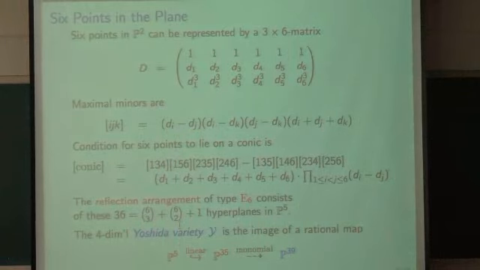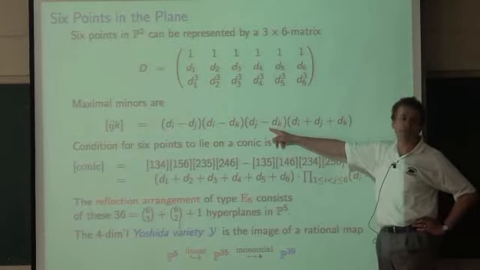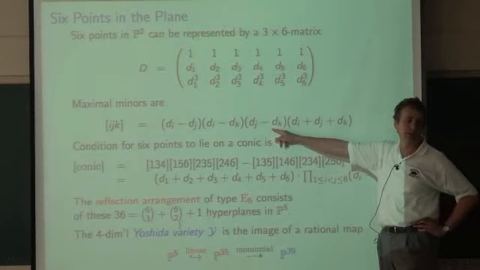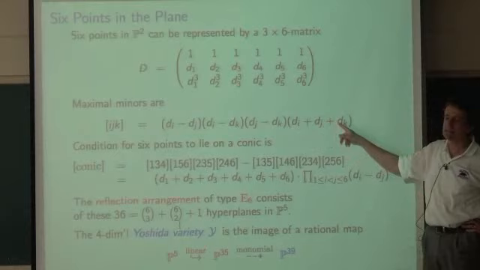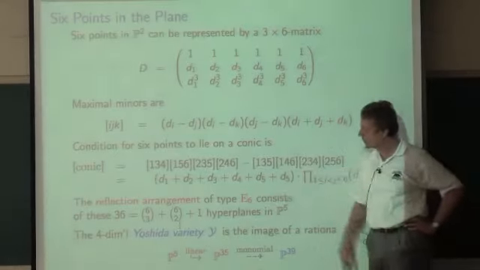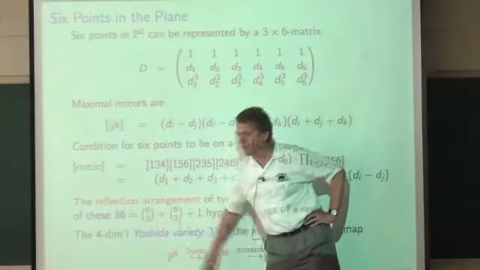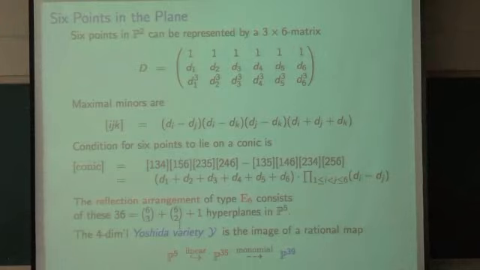Now let's look at all the linear forms we have. We have 15 linear forms like this, di minus dj. We have 20 linear forms like this, di plus dj plus dk, and we have one more. So altogether, we have 36 linear forms, homogeneous, and 6 unknowns.